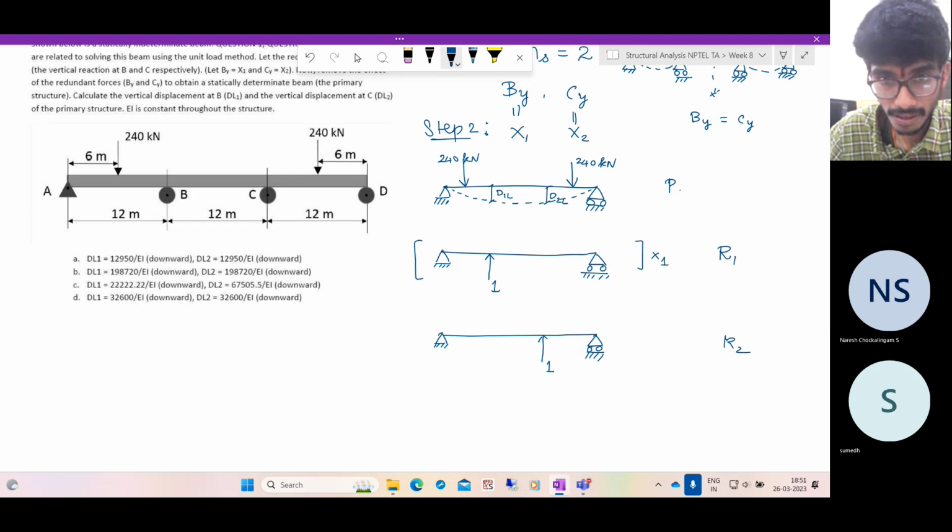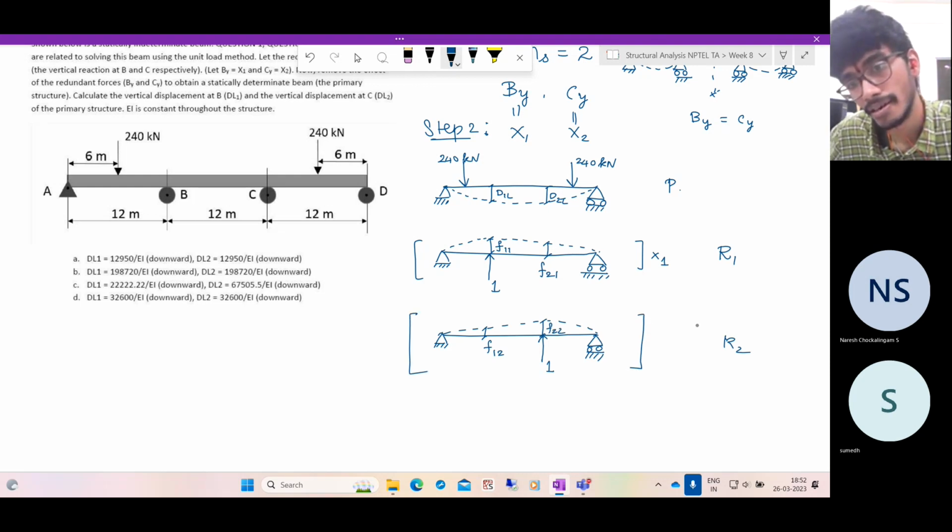So this deforms something like this. This will deform something like this. So this is nothing but F11. And what is the displacement here? It is F21. Here, what do we have? This is F12, and this is nothing but F22. So this is multiplied by x2.